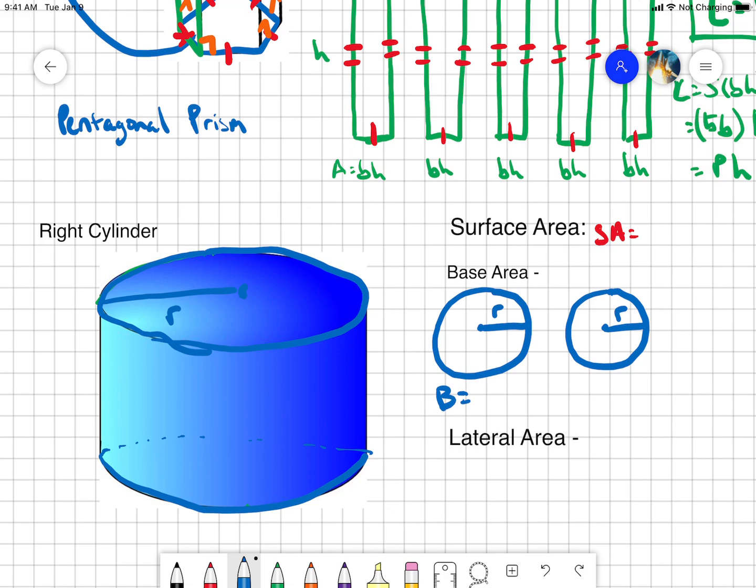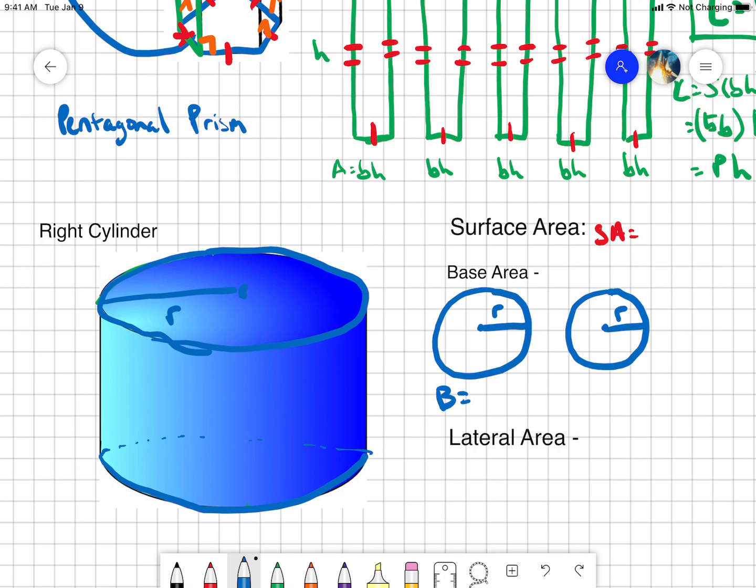What's the area of one of the circles? What's the formula for the area of a circle?